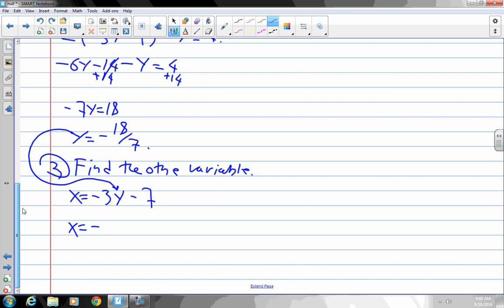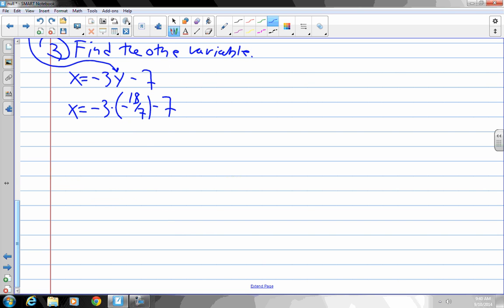So x equals negative 3 times negative 18 over 7 minus 7. I'm getting some really ugly answers, but is that okay? So 3 times 18, what is that?